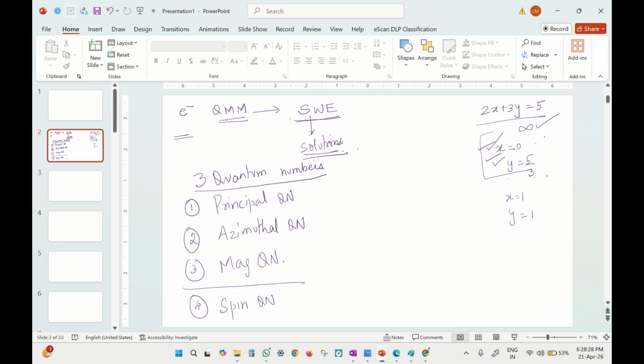Okay. Now, what can be the value of x? It can be a negative number. It can be a positive number. It can be zero. Correct? So x can have any values. Can be negative, positive, or zero, fractional values, anything. Like that.